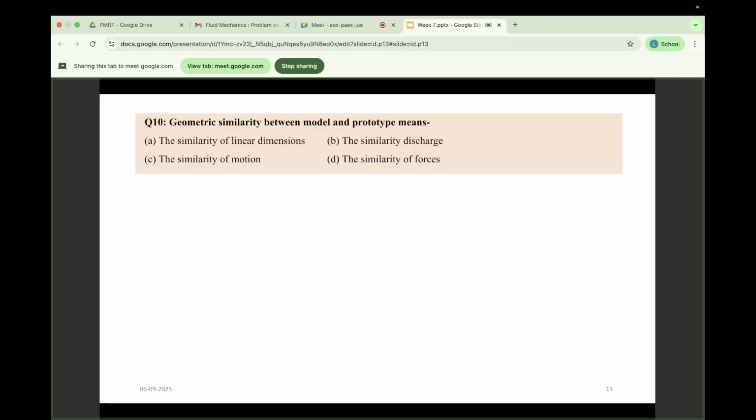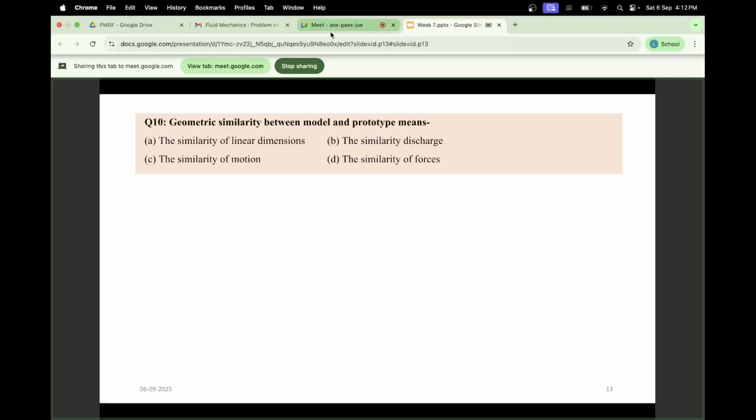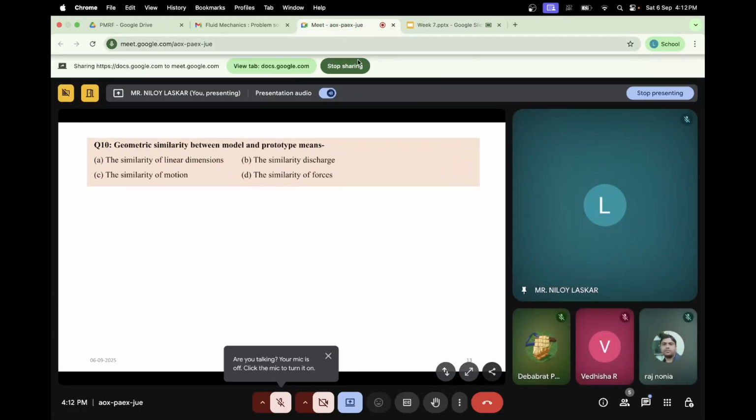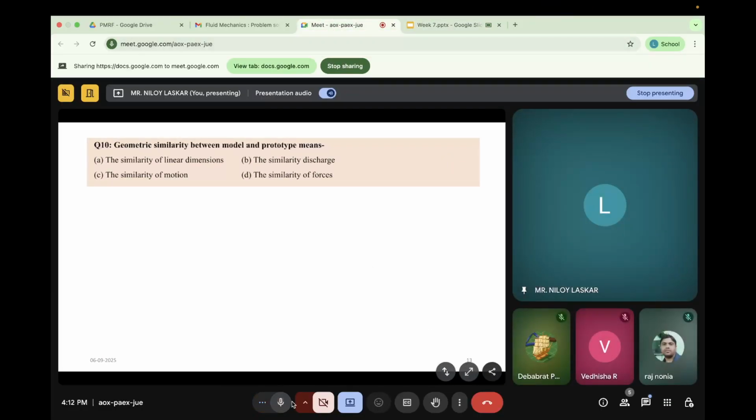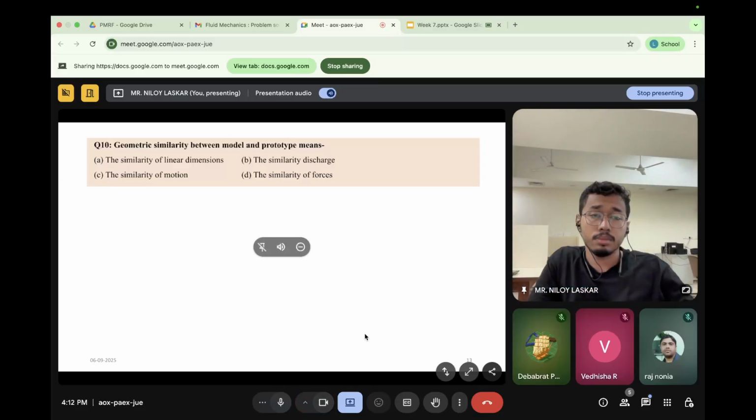Okay. So I think you are not familiar with this question. So I am solving this one for you. I think you are not familiar with this concept, so I am elaborating in depth about this.